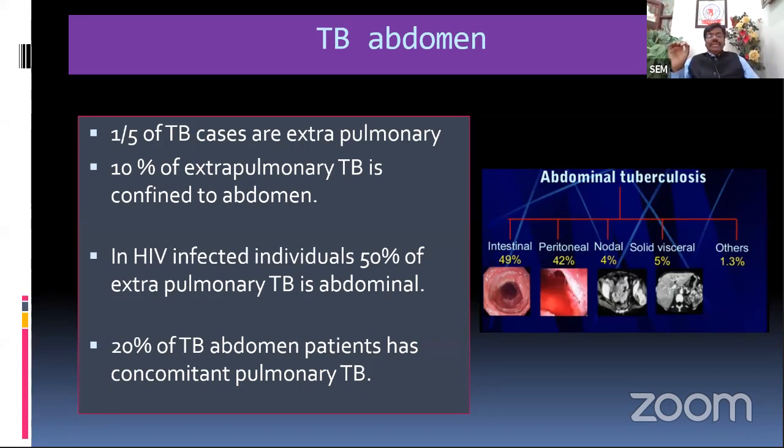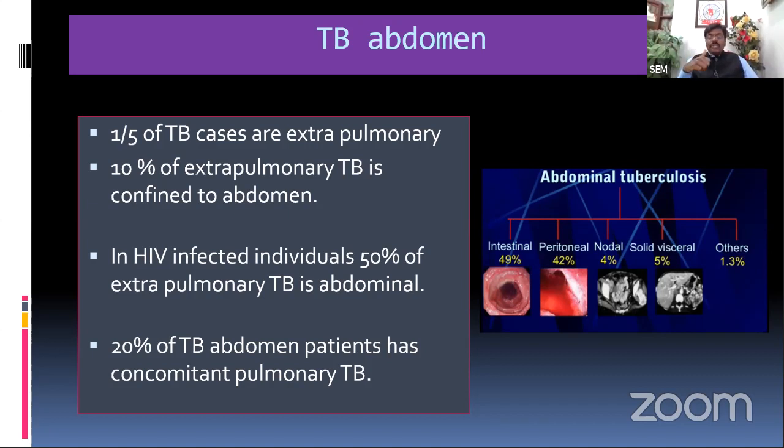If you see, 10% of the extrapulmonary tuberculosis is confined to the abdomen. Next is cervical lymphadenopathy because of tuberculosis, which is common. Or you can have tuberculosis involving meningitis, or other organs like bony tuberculosis.